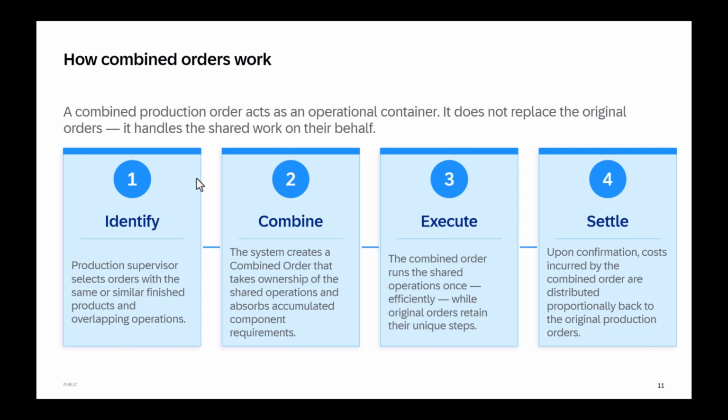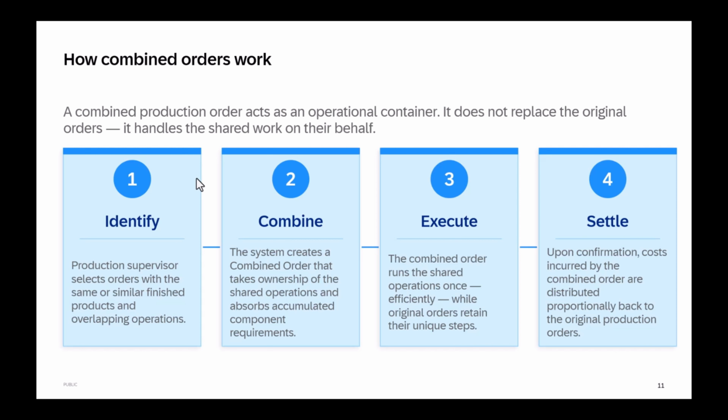When we start with the first step of identifying, the production supervisor selects orders with the same or similar finished products and overlapping operations. Then we move into the second step of combining. The ERP system creates a combined order that takes ownership of shared operations and also takes into account the accumulated components.